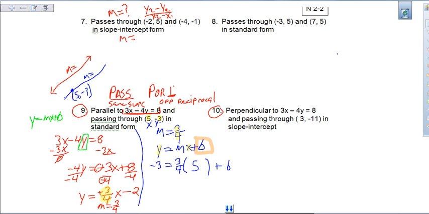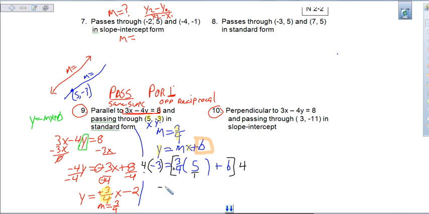Let's try something a little different on this one. Let's get rid of our fraction in this problem. There's only one fraction right now, and it has a denominator of 4, so recall that if we just multiply both sides of the equation by 4, we would cancel this denominator of 4 out, and we wouldn't have any fractions.